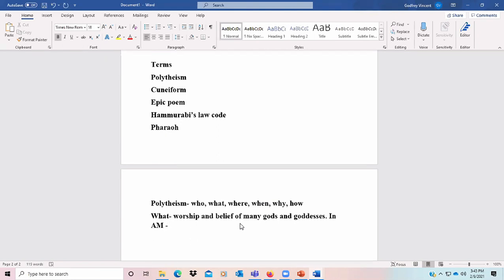The who will be the priests and the priestesses. That's the who. What was their role? You have to tell me what role they played in that worship.